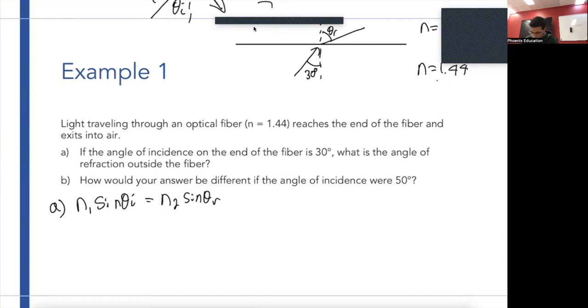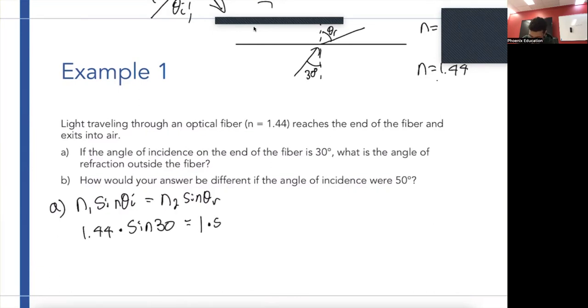Simply subbing everything into your formula, we know that n1 is 1.44, since it's the incident surface, and theta I is 30. So 1.44 sine 30 equals n2. We know that n2 is 1, it's entering the new medium.